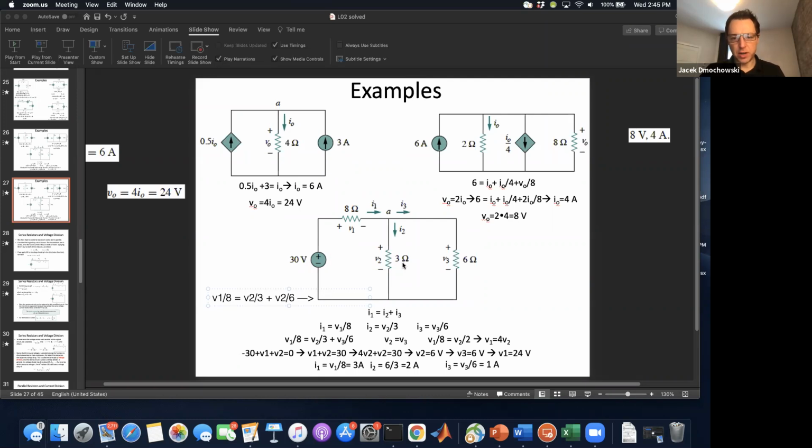The reason we know it is because they're in parallel. This node is the same as this node, and both the top nodes of V2 and V3 and the bottom nodes of V2 and V3 have the same connection.